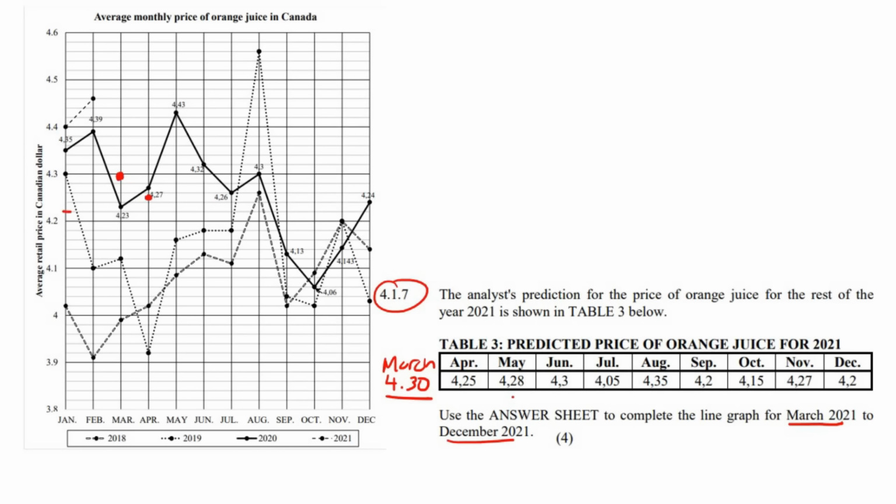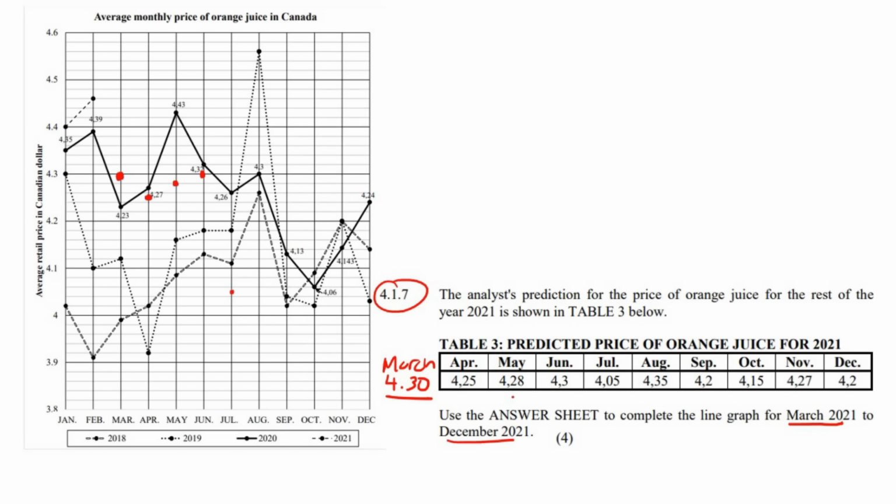So remember, this is 22, 24, 26, 28. So May would be there. June, 4.3, which is the same as 4.30. So that's going to be there. July, 4.05. 4.05 is the number that is exactly between 4.1 and 4. So that would be there.